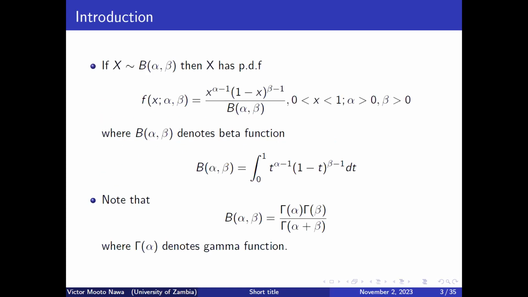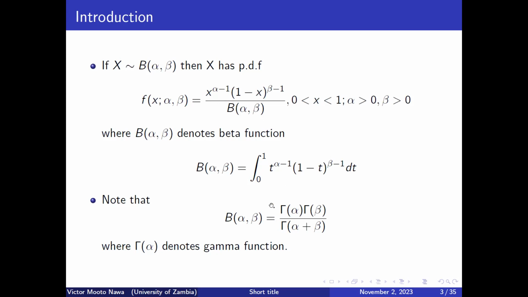Here we are looking at a beta distribution. Suppose X follows a beta distribution with parameters alpha and beta. The PDF is given by that expression, where the values of X are between 0 and 1, and alpha and beta are positive, and the beta function B(alpha, beta) is given by that integral.